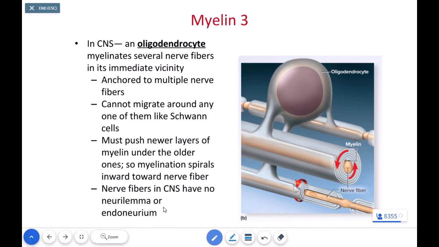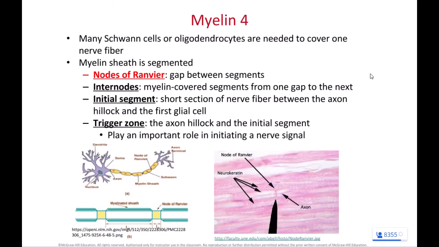With oligodendrocytes, the nuts and bolts of the cell are in a separate cell body, not wrapped around the outermost layer like it is with the Schwann cell. So, no neurolemma. Another key difference is that in the central nervous system, we're not going to have the endoneurium. Endoneurium is only present in peripheral nervous system nerves. It will not be present in central nervous system tracts.